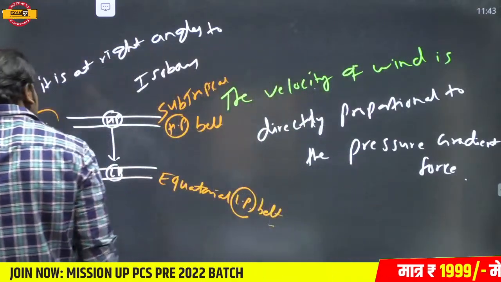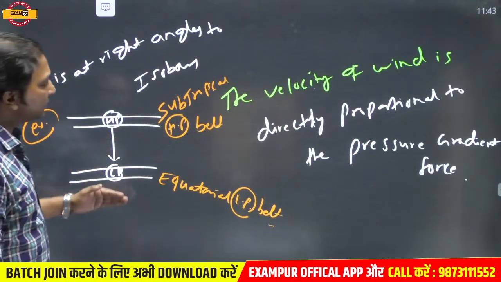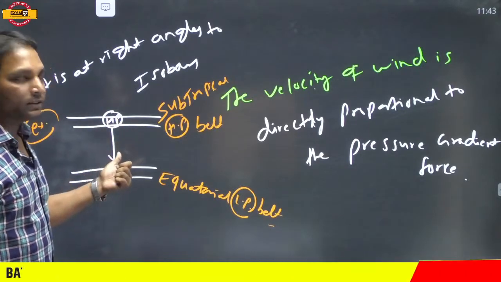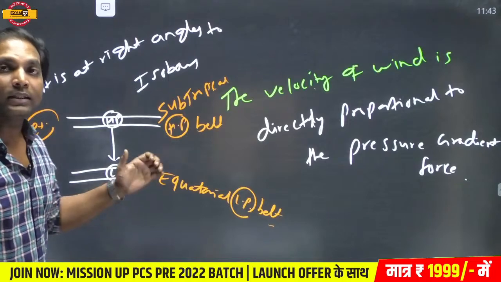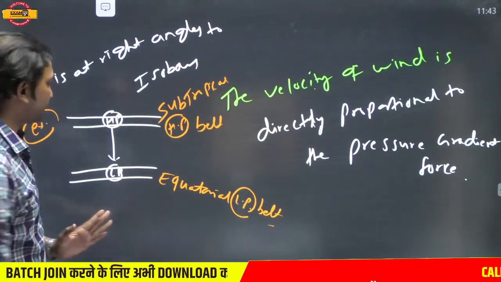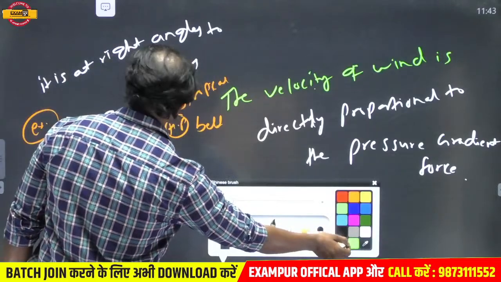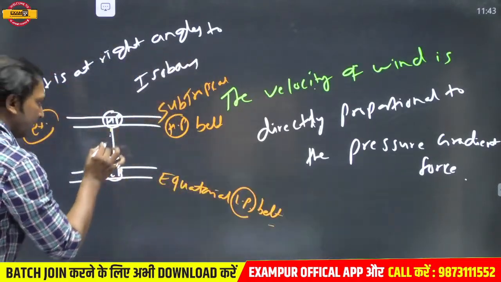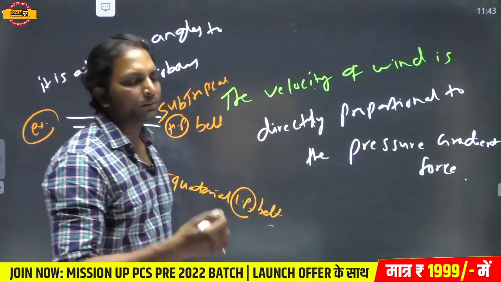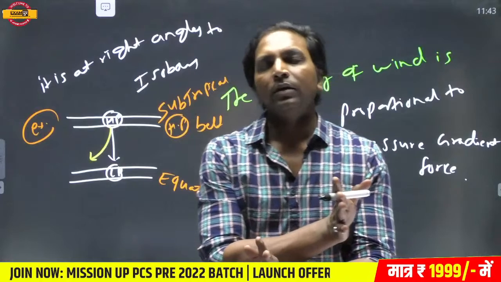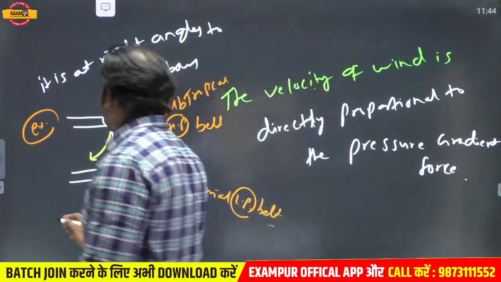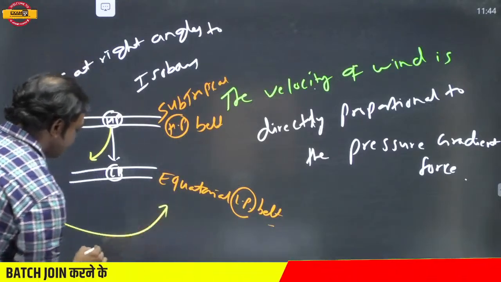How? The speed or velocity of winds depends on the pressure gradient, but their direction depends on the Coriolis force, or deflection force. As you have just written, in the northern hemisphere, because of the deflection force, winds turn to their right-hand side, because the earth is rotating on its axis.